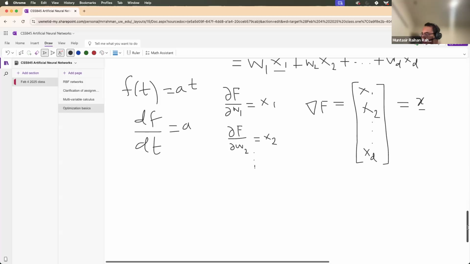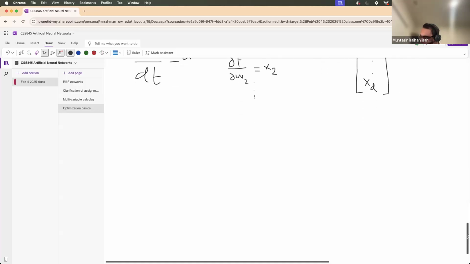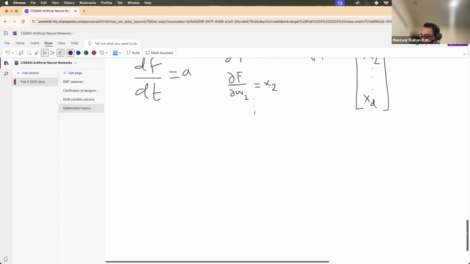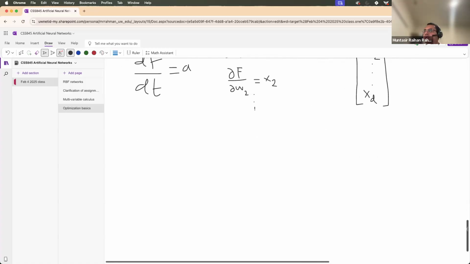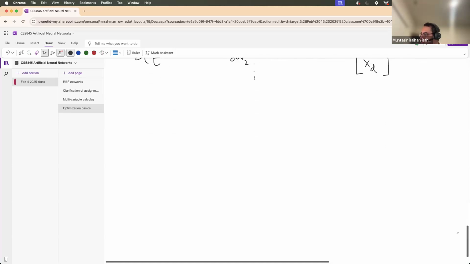Okay, all right. So with this example, I hope this is clear to everyone. This is a simple example. Before I do another example, I want to introduce some more ideas. Actually, let's do another example and then we'll go there. So another important function that you'll see a lot is this function.